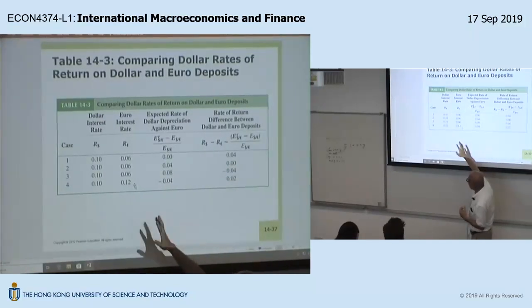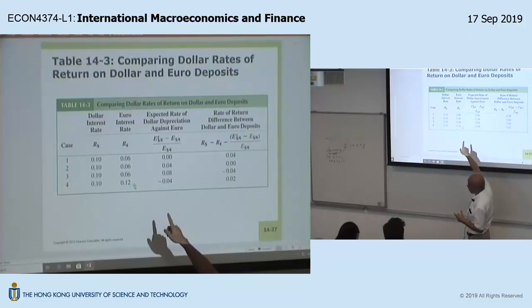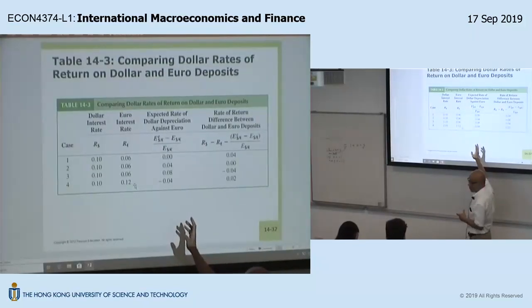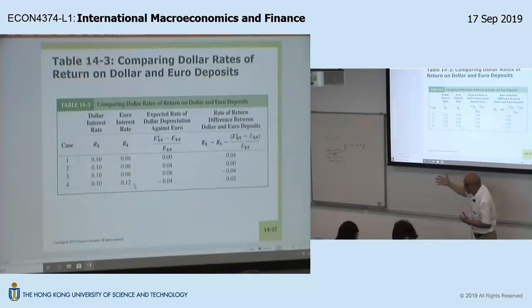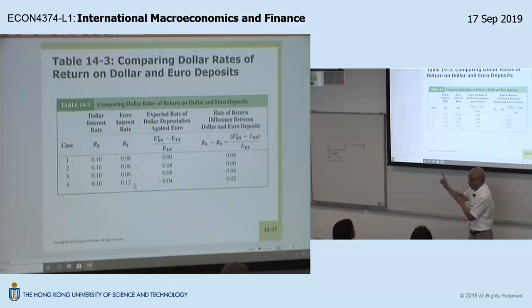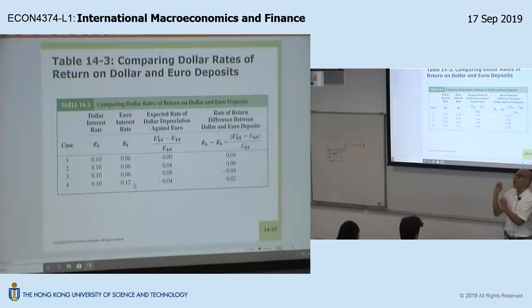In the second case, the dollar interest rate is higher than the euro interest rate. However, the dollar is expected to depreciate against the euro. What does that mean? That means the euro is going to appreciate against the dollar. So although the euro gives you a lower interest rate, the euro is expected to appreciate, so that gives you an extra advantage of investing in euro.